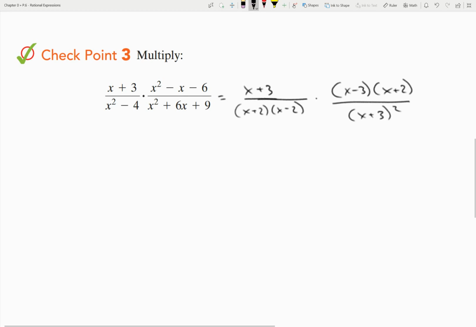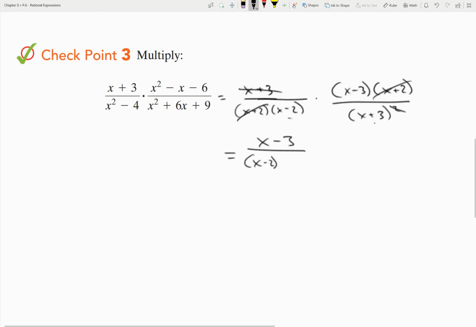So now there's two x plus 3's. So one of them can cancel with this one, and the x plus 2 can cancel with this x plus 2. So what's left over is an x minus 3 on the top, and those two.